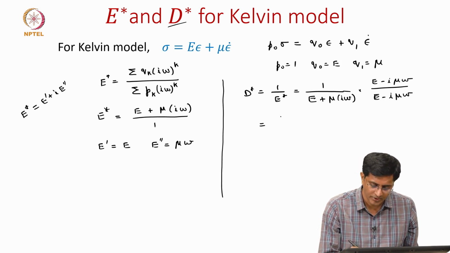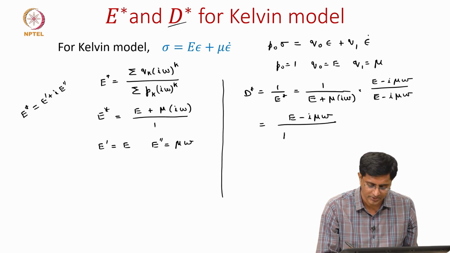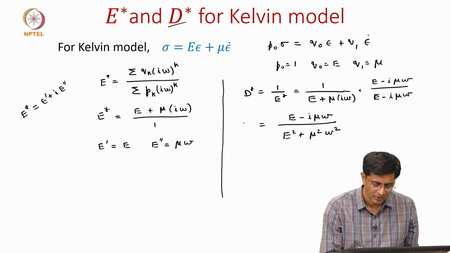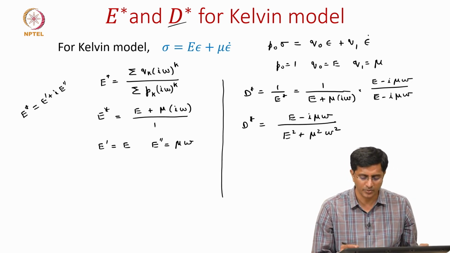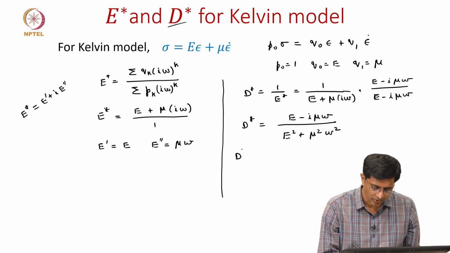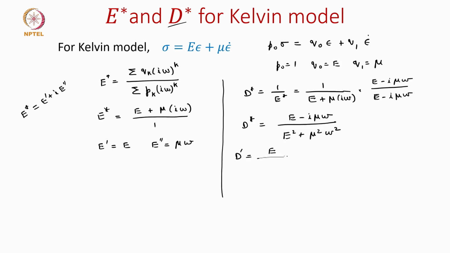So, the numerator is the same, but the denominator is E square plus mu square omega square. So, from this I should be able to separate the real and imaginary parts, which are the storage compliance now is E by E square plus mu square omega square, and the loss compliance is minus mu omega by E square plus mu square omega square.